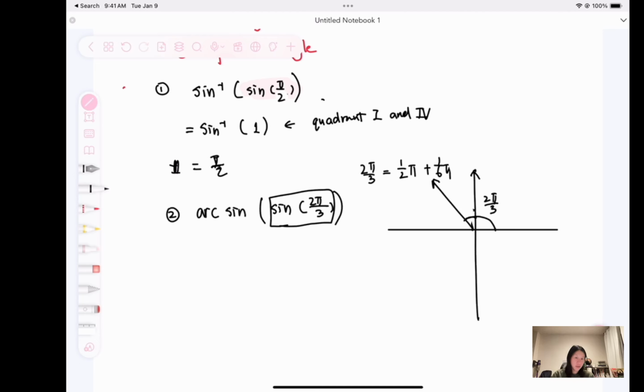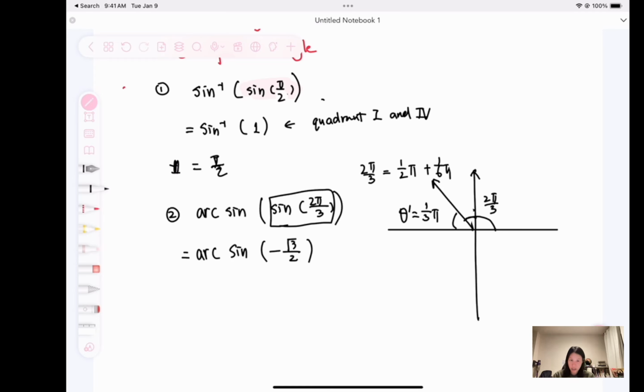Okay, so what's the reference angle? The reference angle, theta prime, is equal to 1/3 of pi, which is 60 degrees. Sine 60 degrees is equal to square root of 3 over 2, that's not hard. But since it's in the second quadrant, this has to be negative.